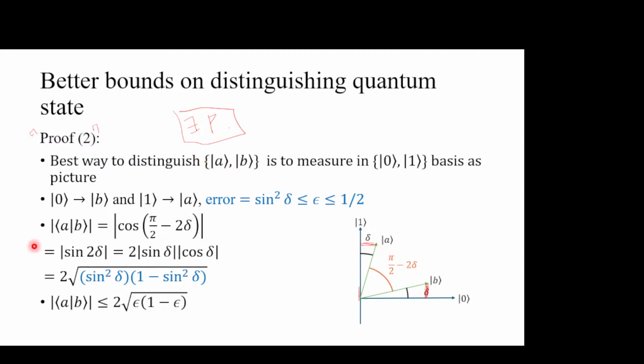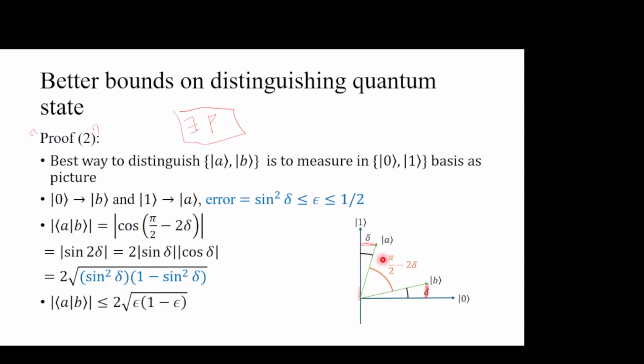We have A and B, and we say there exists P such that, using the Bayes rate distinction, the distinction probability is sine squared delta. If for this P the probability of distinction is less than epsilon, then we can upper bound the inner product between A and B. So now we do everything by geometry.